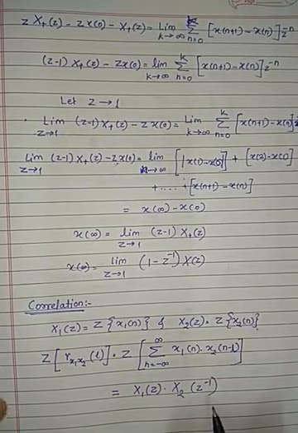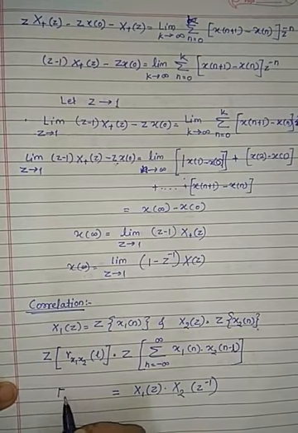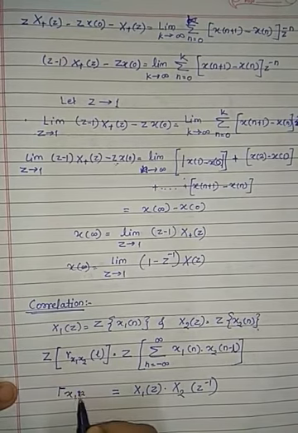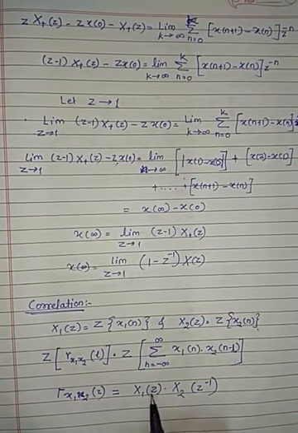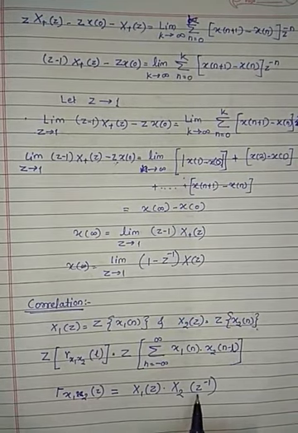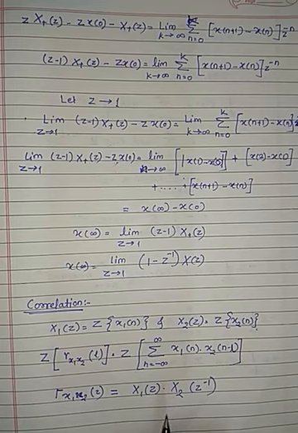Okay, so this is the correlation property. So we can write this as the correlation of x1, x2 of z is equal to x1 of z into x2 of z inverse. Okay, so here the properties of z transform are over.